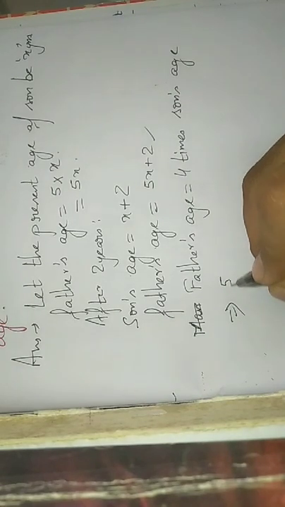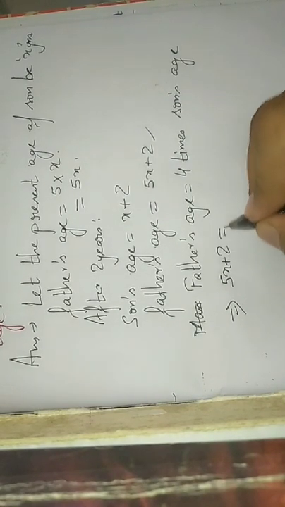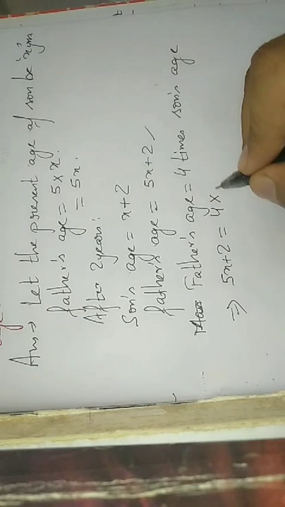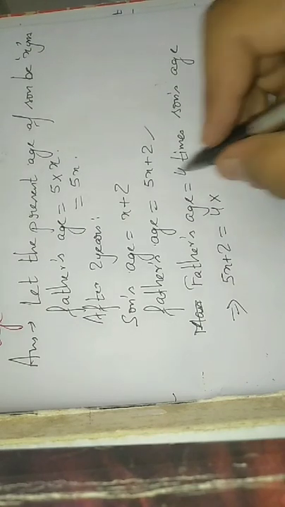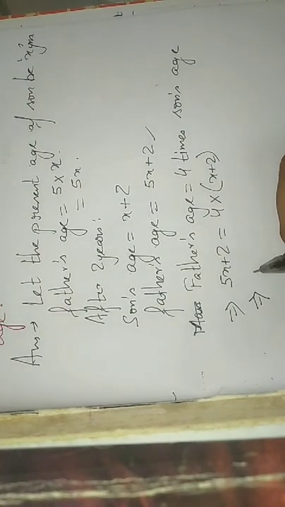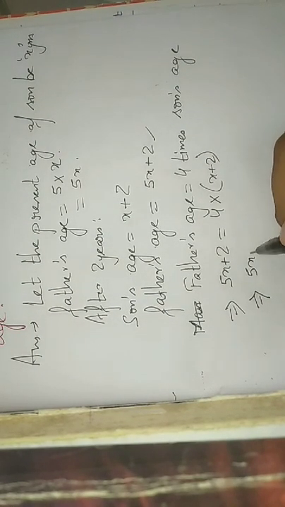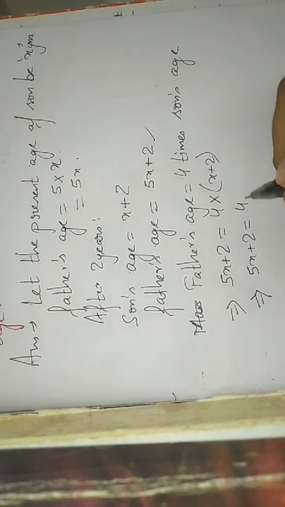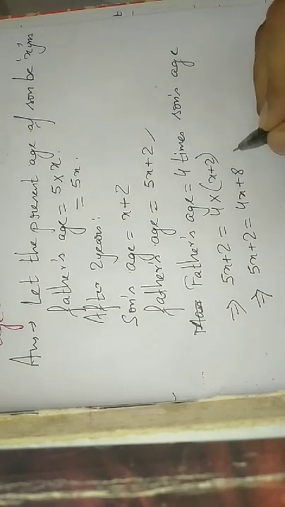What is the father's age? 5x plus 2. What is the son's age? 4 multiplied by son's age, what is the son's age? X plus 2. Which implies that 5x plus 2 is equal to 4x plus 8.